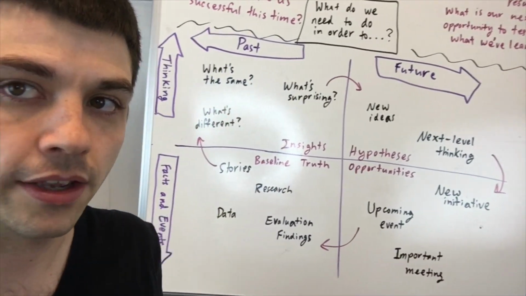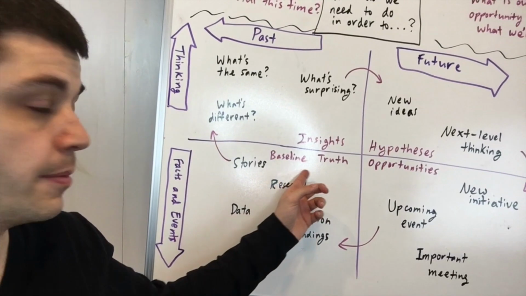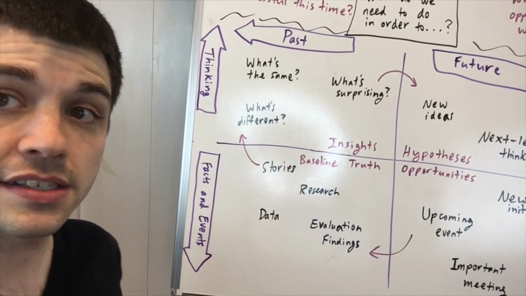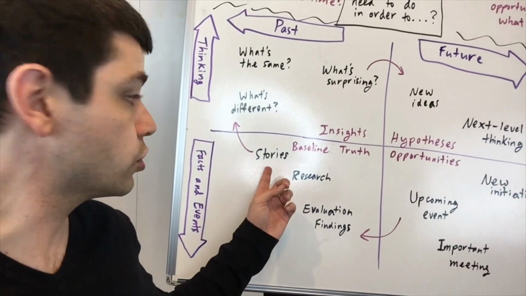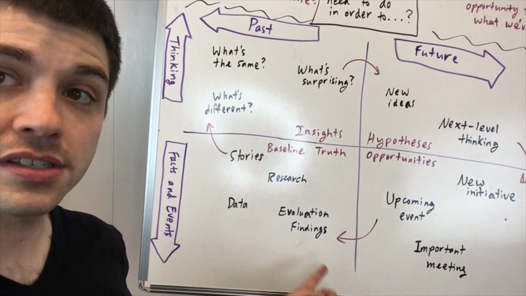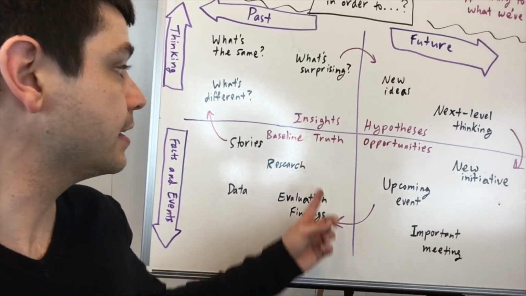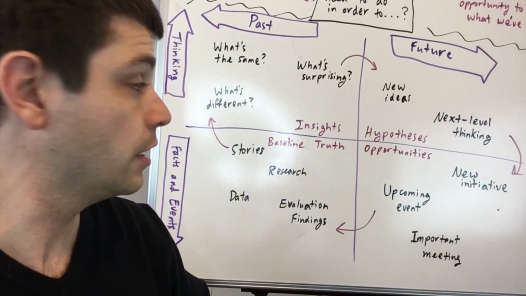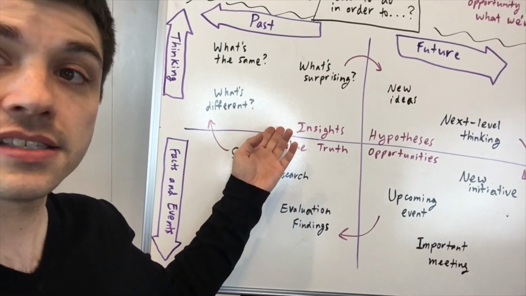So, okay, let's go back here again. So we have the baseline truth. This is past facts and events, things that have already happened in the past. So stories, research, data, evaluations, findings, all right? This baseline truth, things that already happened, are going to give us insights.